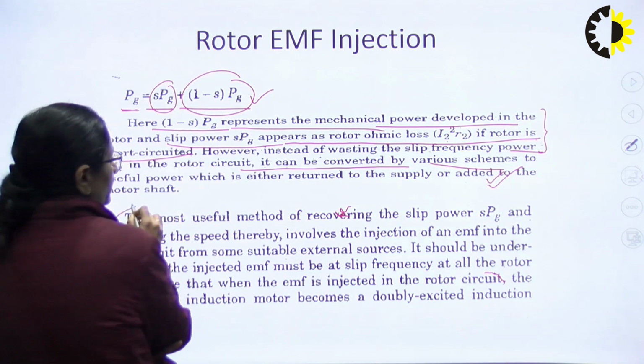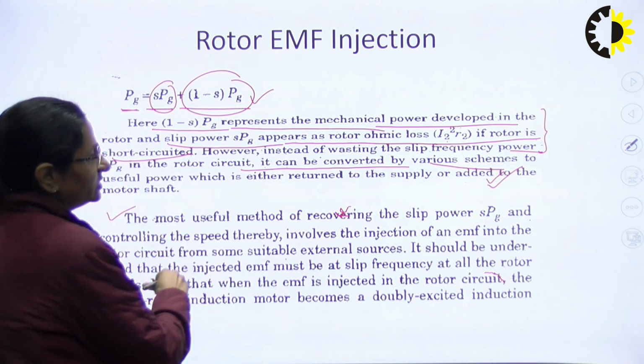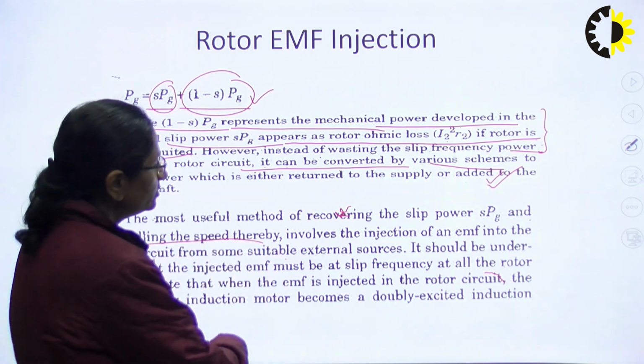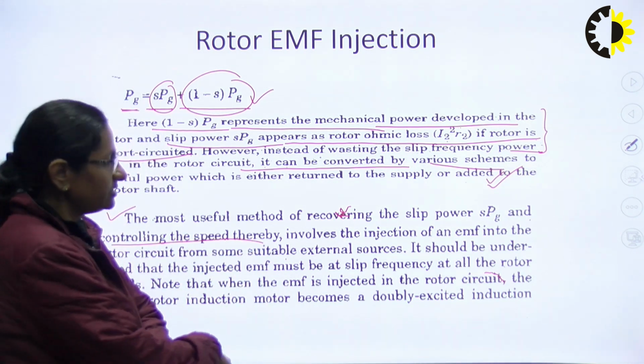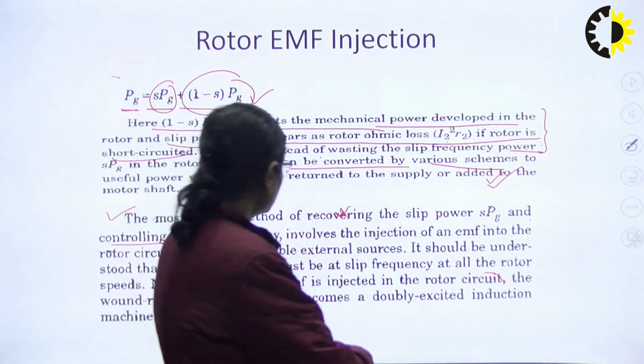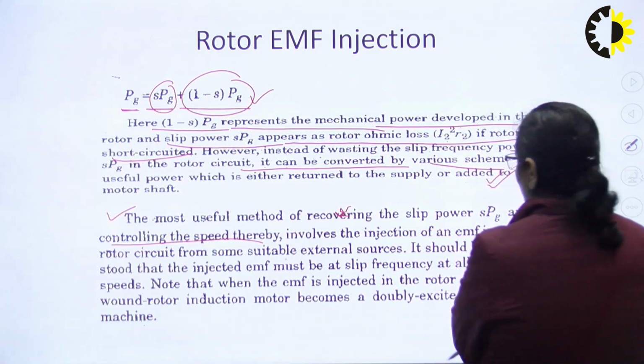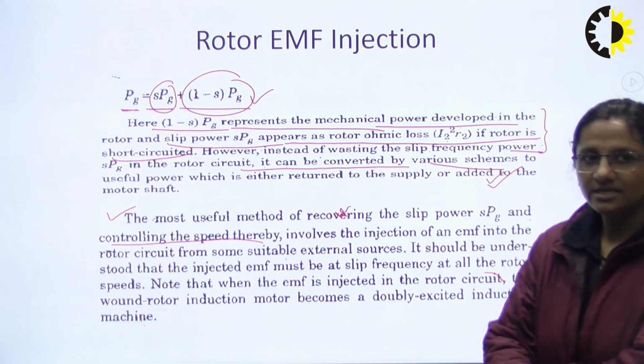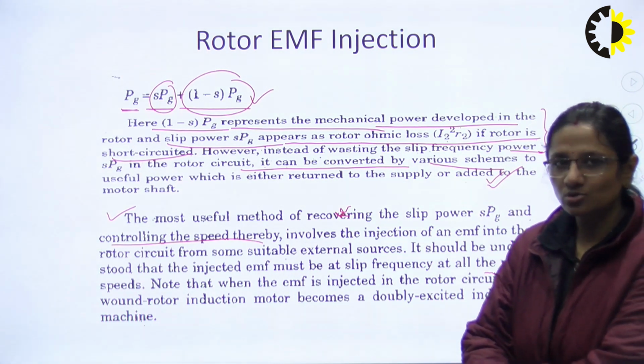The most useful method of recovering the slip power SPG and controlling the speed involves the injection of an EMF in the rotor circuit from some suitable external source. It should be understood that the injected EMF must be at slip frequency at all possible rotor speeds.